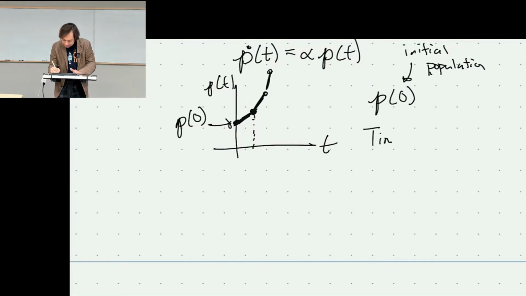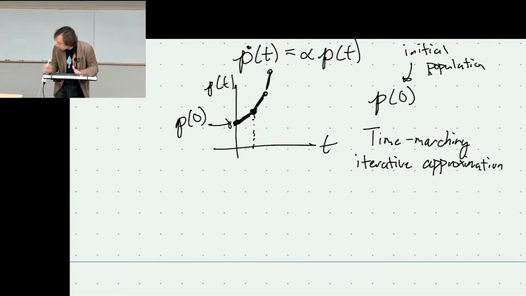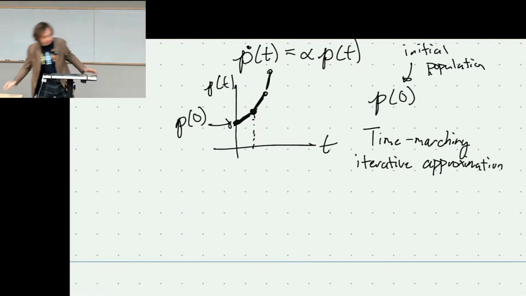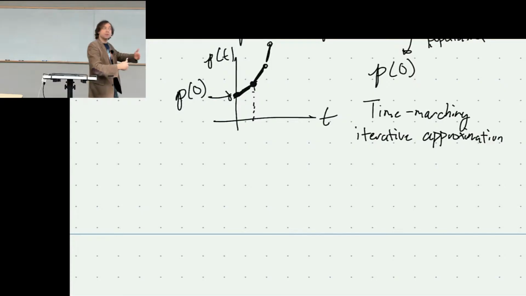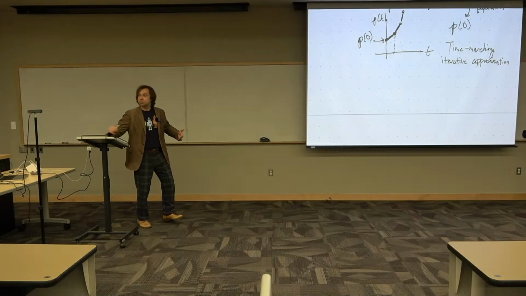This is a time marching iterative approximation. Okay? All right? So you get the idea, it's sort of marching forward in time? You get that? Do I have to march across the room to get it?